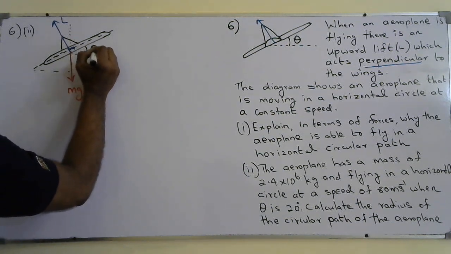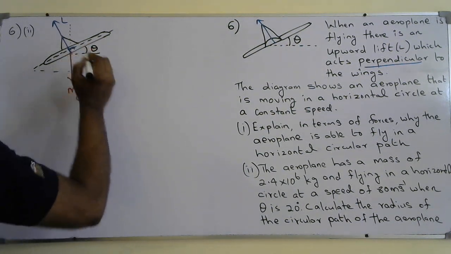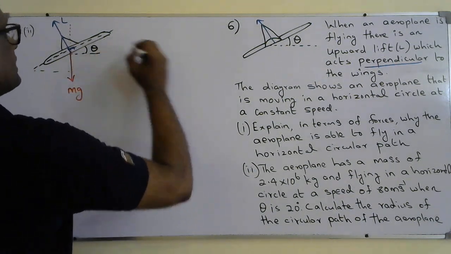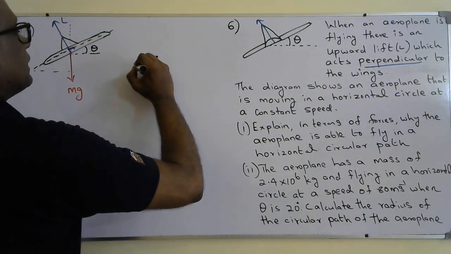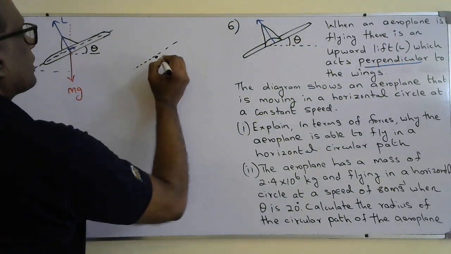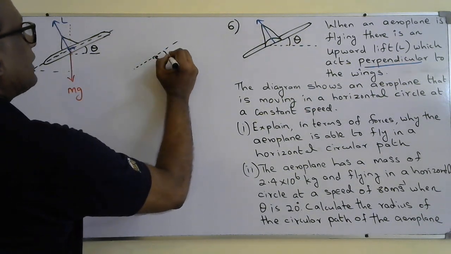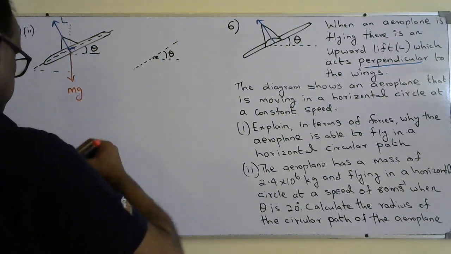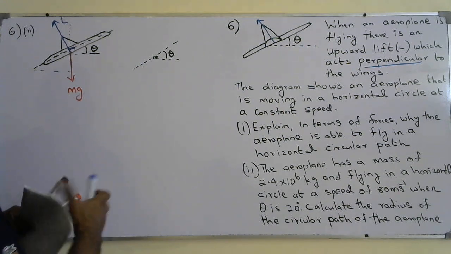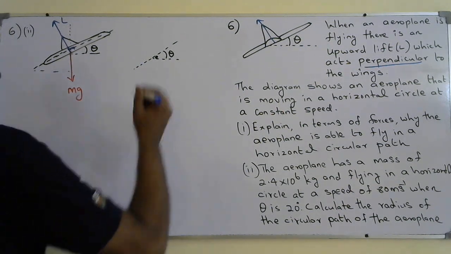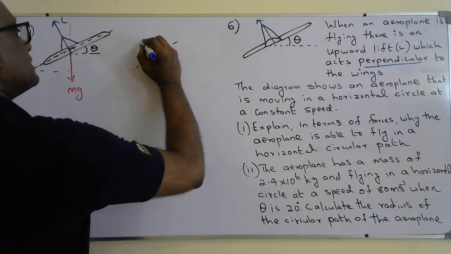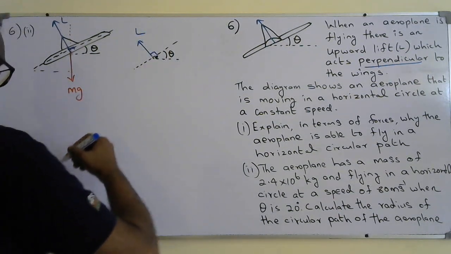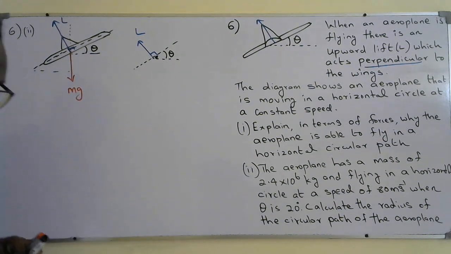We'll draw the whole thing simply as a dot. There's a line this way, at angle theta. The lift is in this direction, which is perpendicular to this line, and the weight is acting vertically downwards.